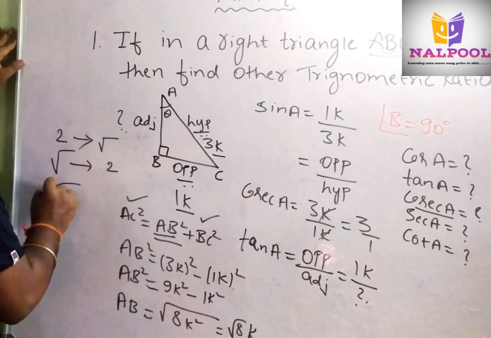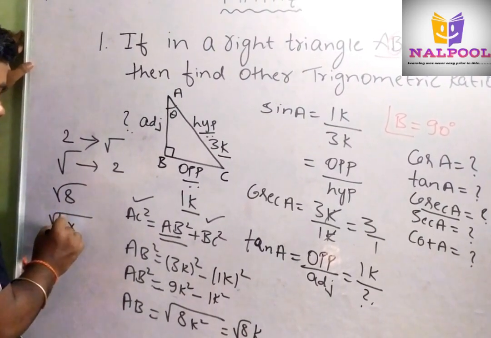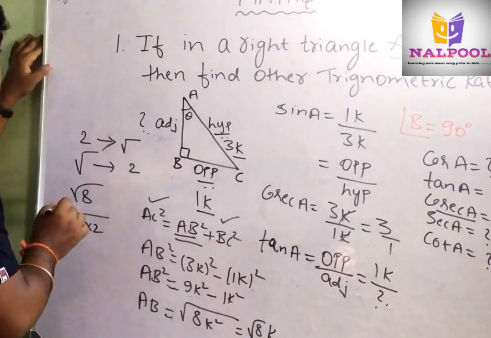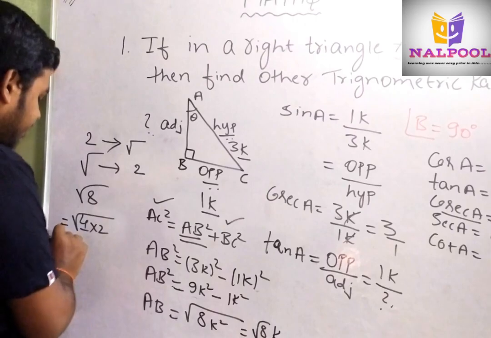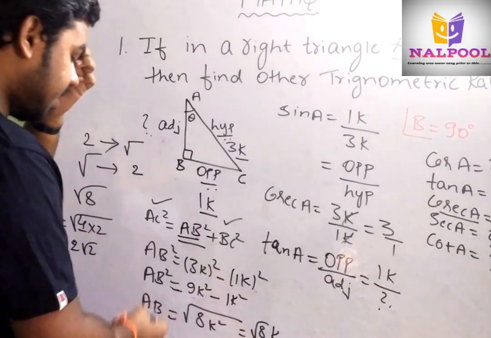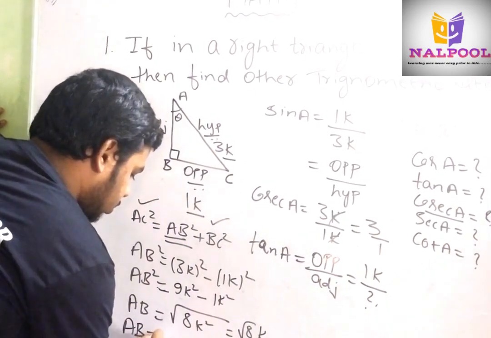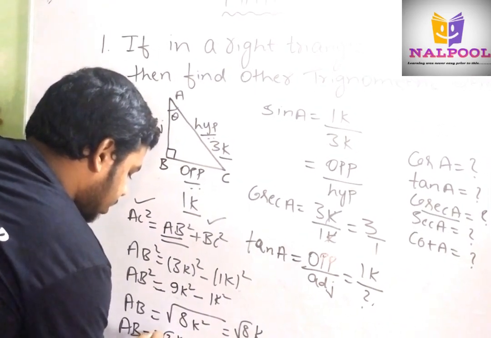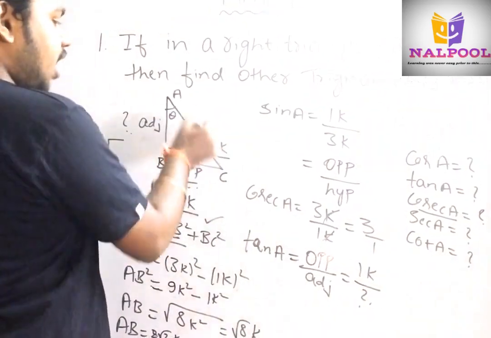How can we write root 8? Root 8 can be written as root of 4 into 2, because 4 is a perfect square. When we take 4 outside the root, it will become 2 root 2. Therefore, AB is how much? AB is equal to 2 root 2 k. Now we have the values for all three sides.